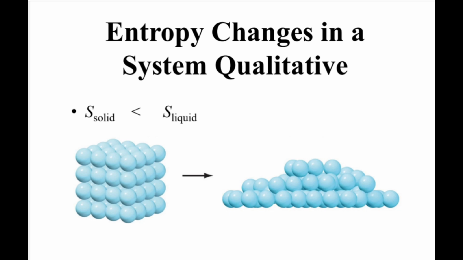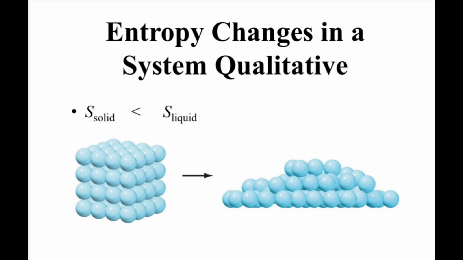So if you consider solid and liquid, the particles in solid state have lower entropy than the particles in liquid state. Why?